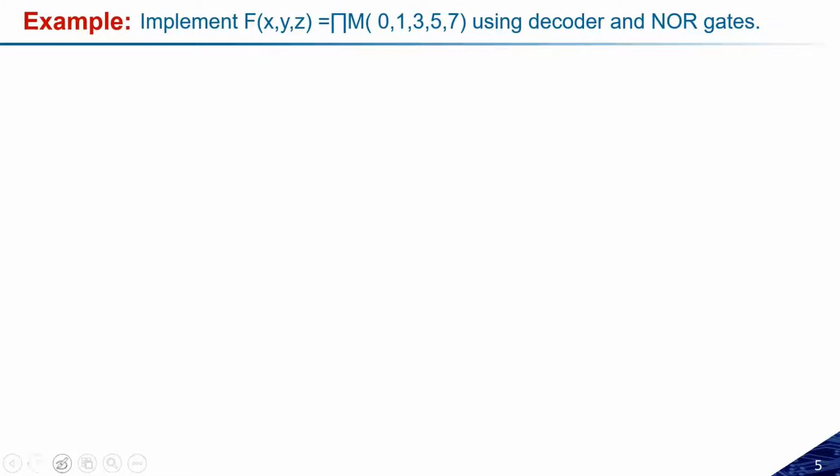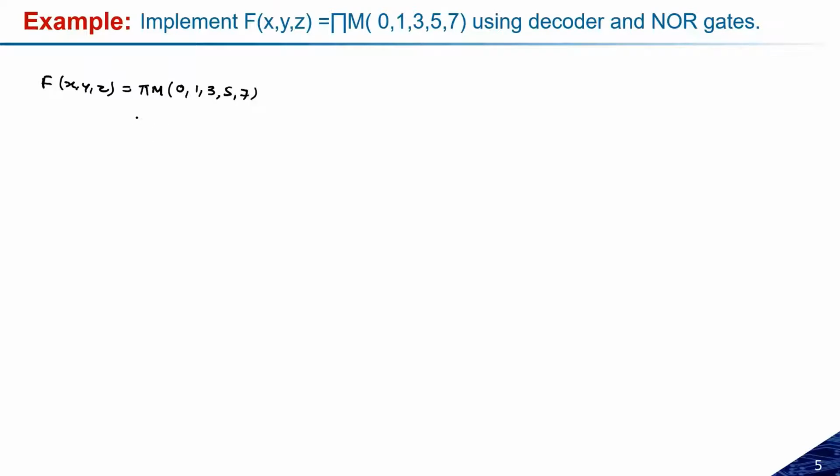If the function is in the POS form, what does it mean? We know that the POS form and the SOP form are complementary in nature. Suppose a function is given something like this: f(x, y, z) equals product of M 0, 1, 3, 5 and 7.